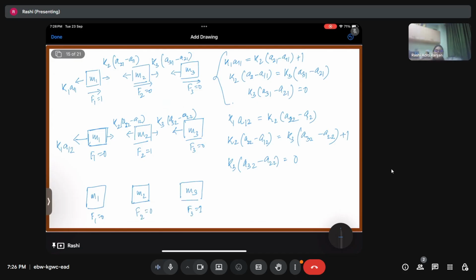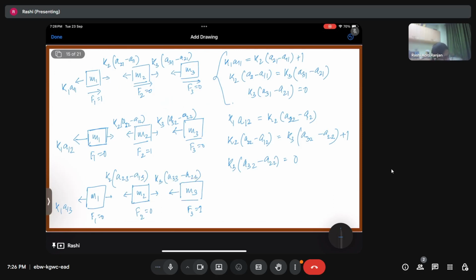Only the thing is that now 1 is going to be there in the third equation. So finally it's going to be something like K1 A13, K2 A23 minus A13, K3 A33 minus A23.